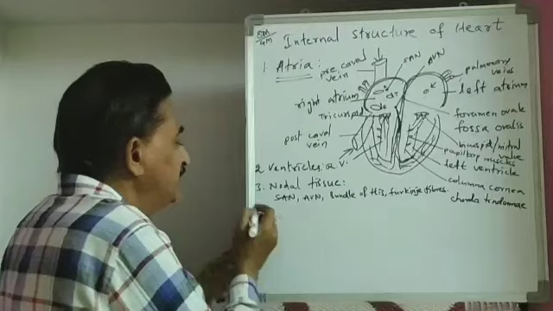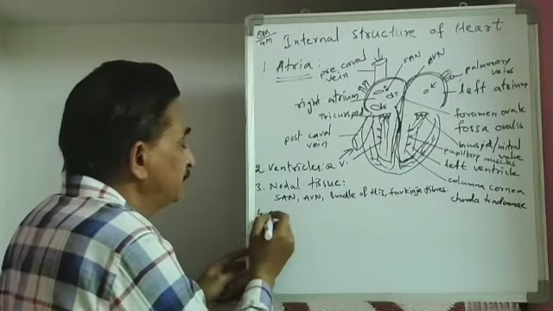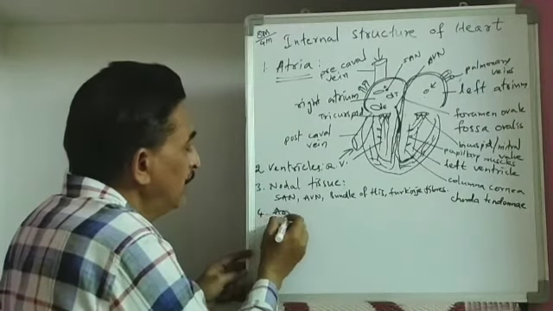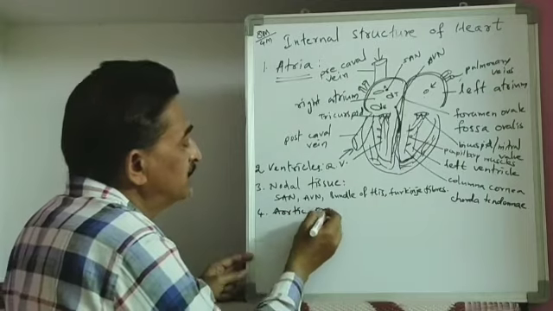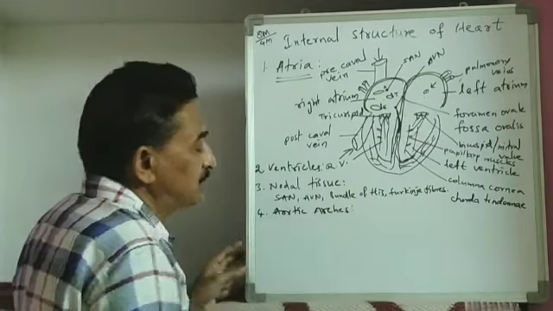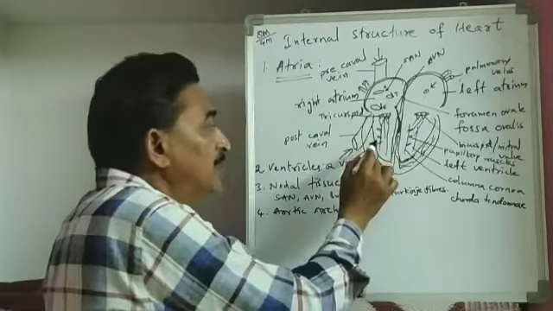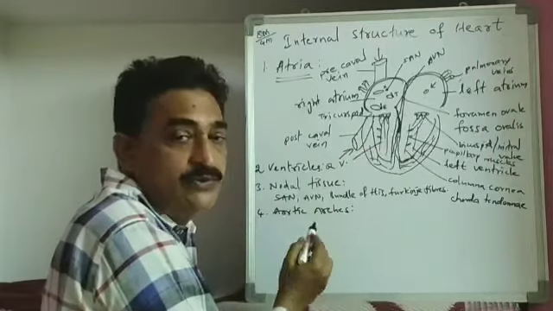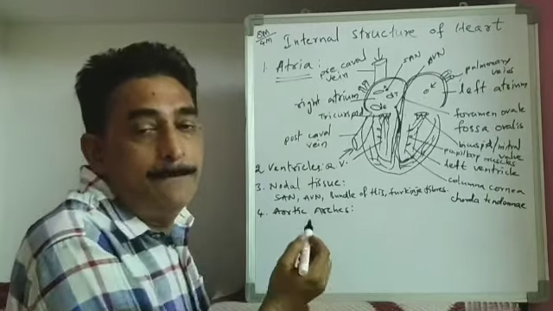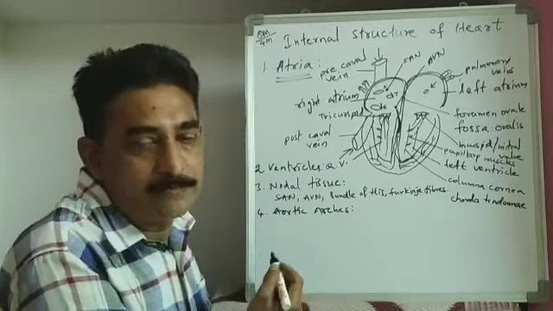Then coming to the last heading, aortic arches. The right ventricle gives rise to the pulmonary arch.